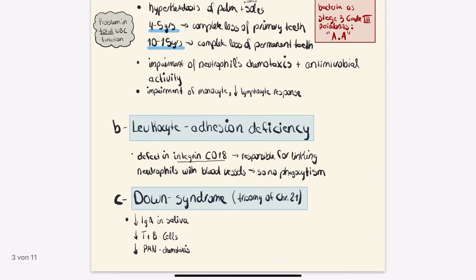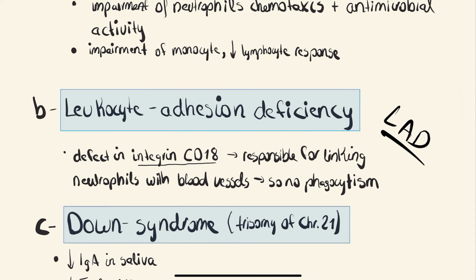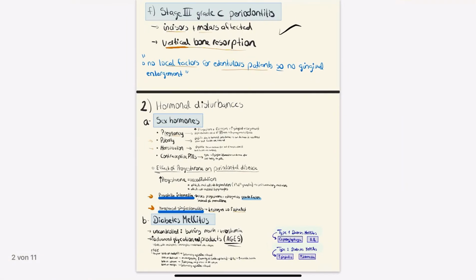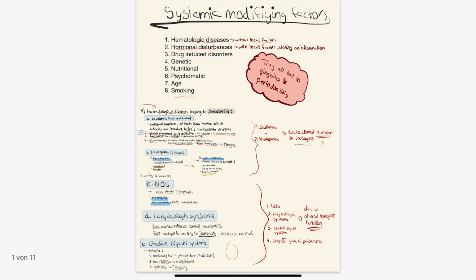Then what we have here is leukocyte adhesion deficiency, also called LAD. We have a defect in the integrin CD18, which is responsible for linking the neutrophils with the blood vessels. So we have no phagocytosis. Don't confuse leukocyte adhesion deficiency with the lazy leukocyte syndrome.